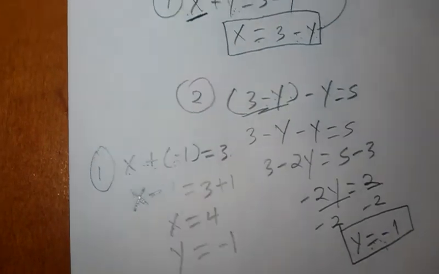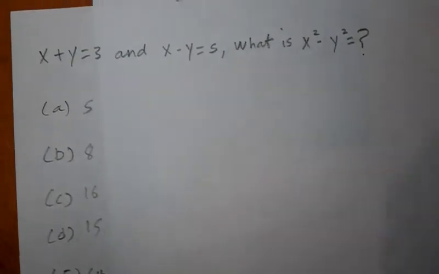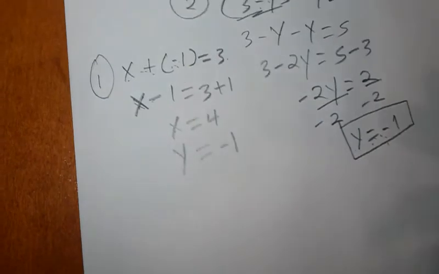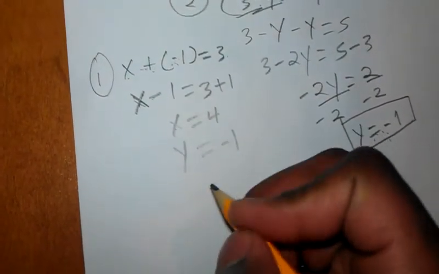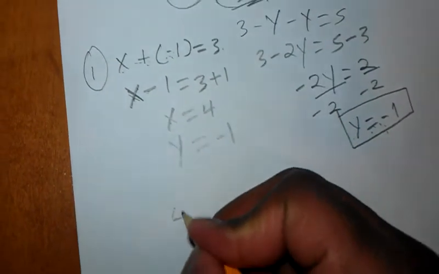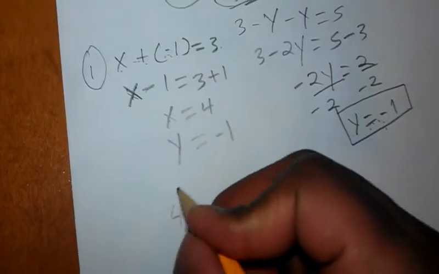Now the question asks, what is x squared minus y squared? Simple. Just plug in my now known factors. x is 4 and y is negative 1.